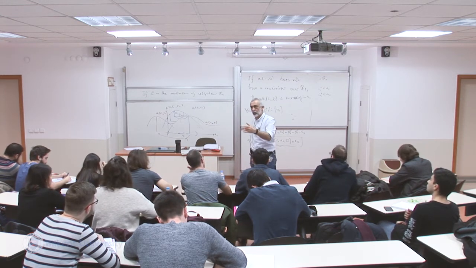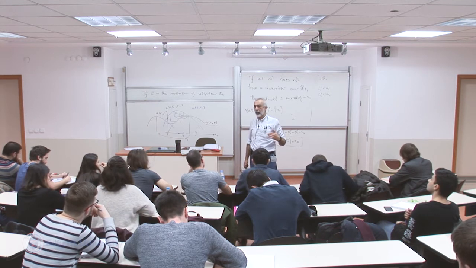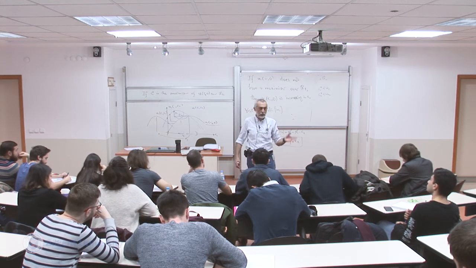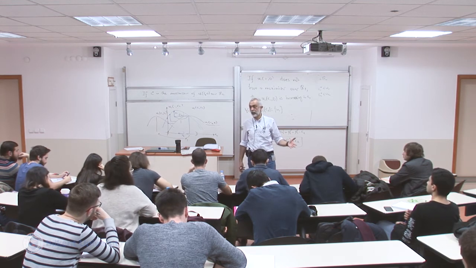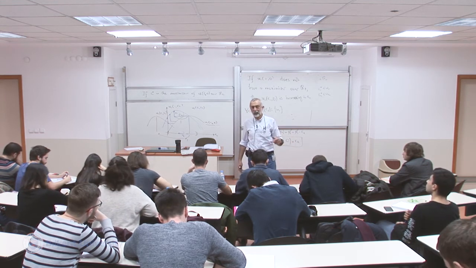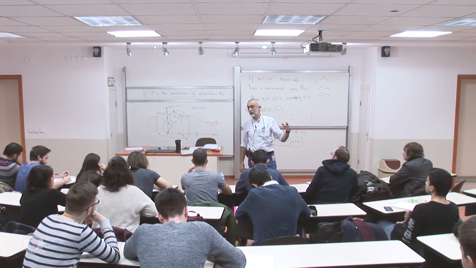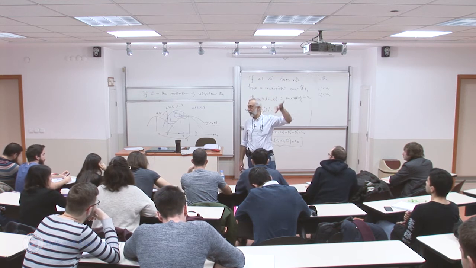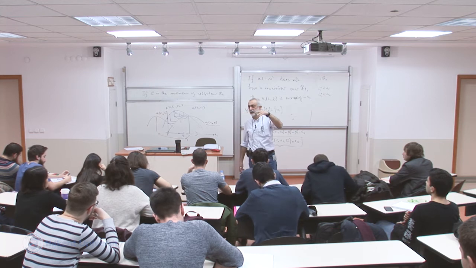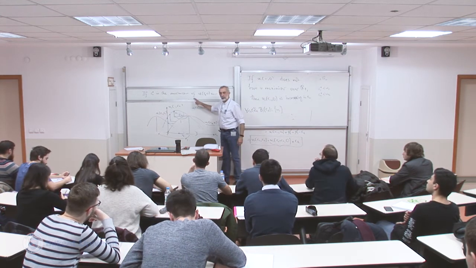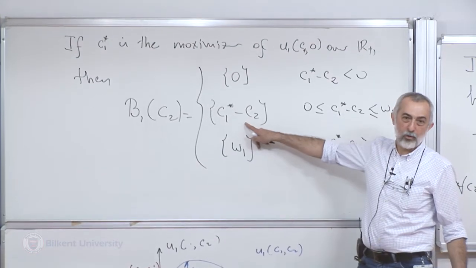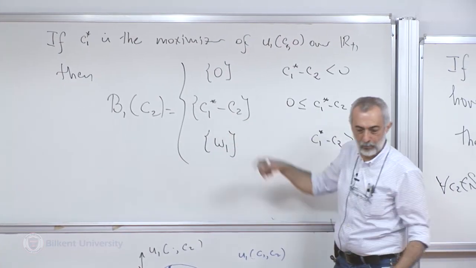So if you're increasing your contribution, I will decrease by the same amount, as long as I don't contribute a negative amount, as long as I can decrease it. Which means that the best response correspondence should be downward sloping, right? It comes from this picture or also from here, right?